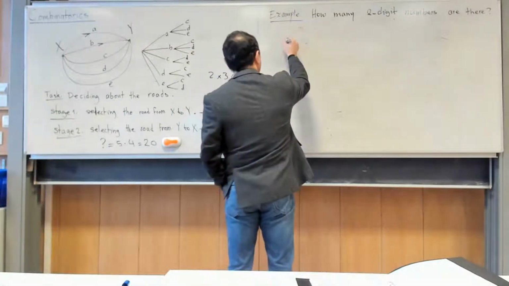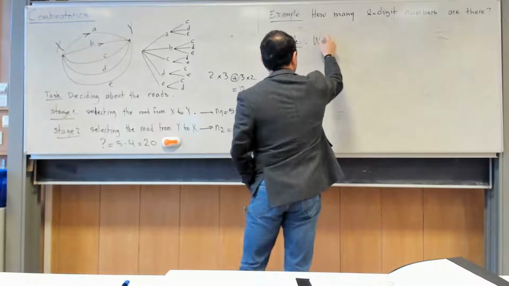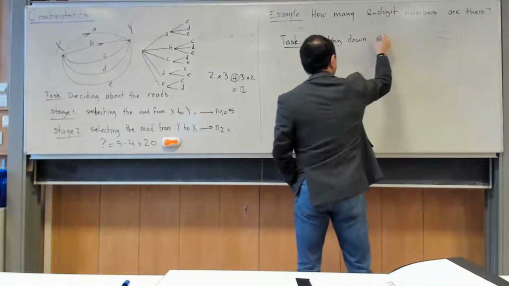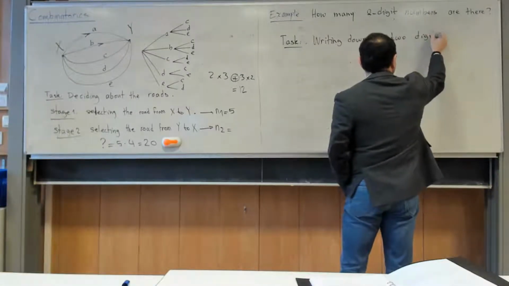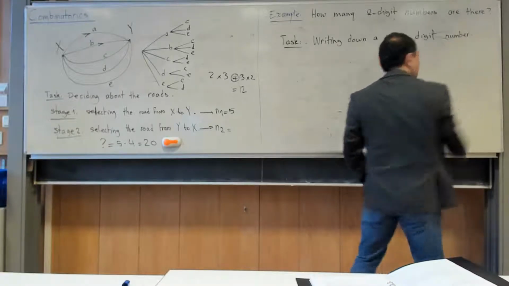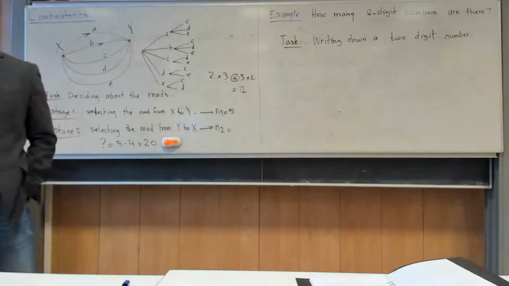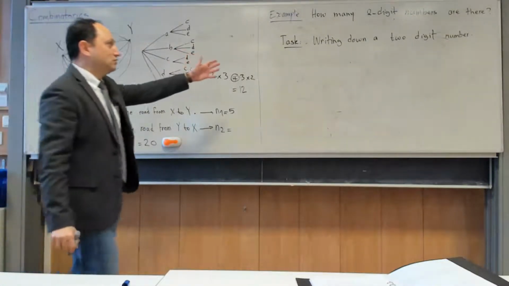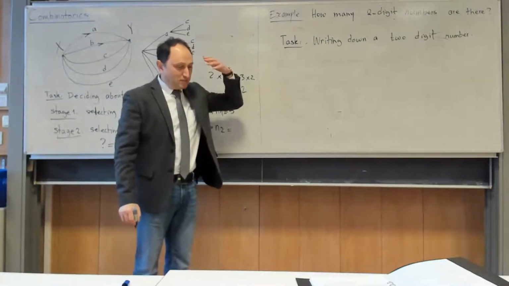So task: writing down a 2-digit number. Okay. So which one do you want to choose as stage 1? When I ask you to write a 2-digit number, this is very good, by the way, to think a little bit about yourself.